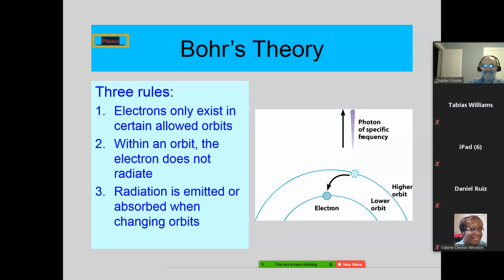Now, Bohr was another character. His name was Niels Bohr, N-I-E-L-S, I believe it was. I believe he was Norwegian. It doesn't actually say here, but he was another one of the great physicists.